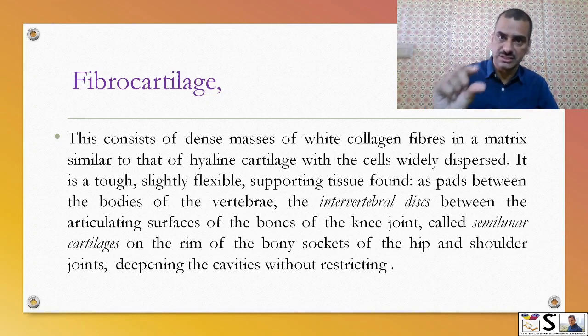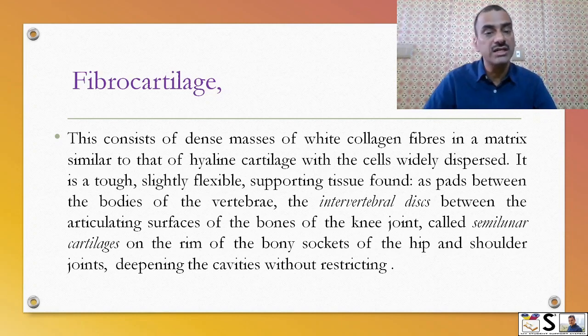It means the disc is formed by fibrocartilage, in the intervertebral disc, between the articulating surfaces of the bones of the knee joint. It is also found in the knee joint as semi-lunar cartilage made up of fibrocartilage, and the rim of the sockets of the hip joint and shoulder joint, deepening the cavity without restricting movement.